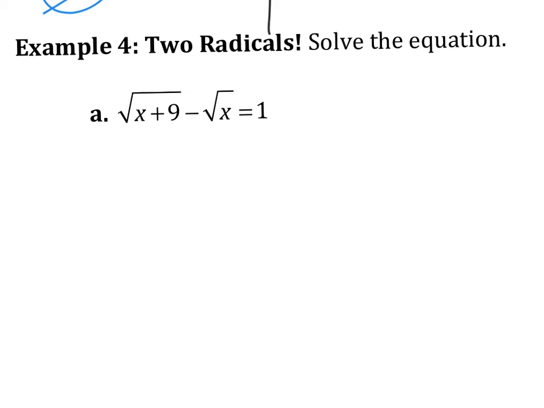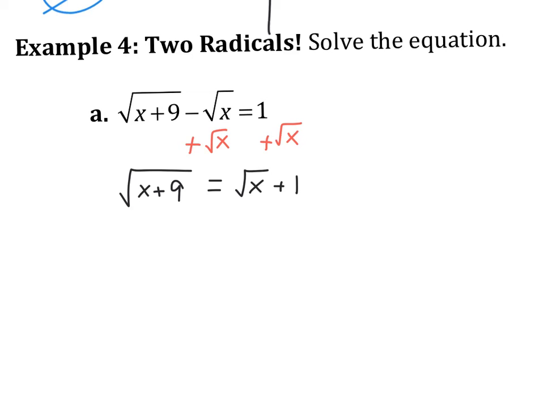So I'm going to add the radical x to both sides. Because if we see here, now radical x plus 9 is isolated. And over here, I get radical x plus 1. Notice the plus 1 is outside the radical.